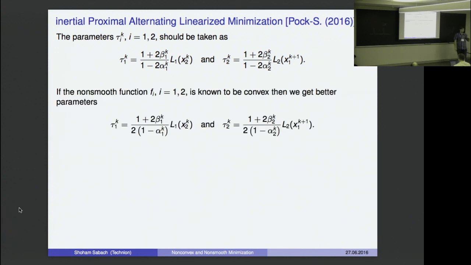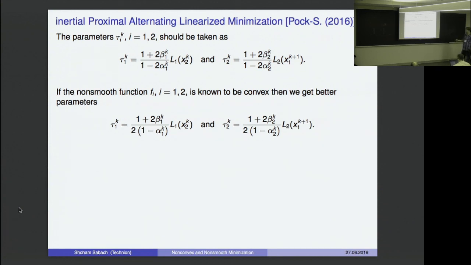But this is a very interesting remark. If the non-smooth functions f_i are known to be convex, and in quite a few applications, even though the coupling function is non-convex, the constraints are convex, then we can improve the parameters tau. Actually, we get two advantages here for the same price.